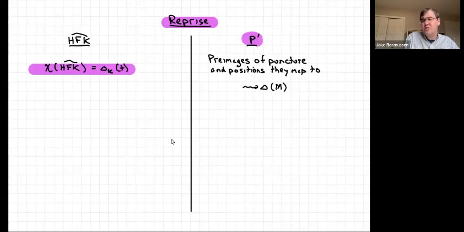Each of those pre-images comes with a sign, whether the map is orientation preserving or reversing near the puncture. And it comes with a translation, which is where they get mapped to under pi 2. If you add up those signs and those translations, they're exactly giving you the multivariable Alexander polynomial. So if we thought about the two-strand cable operator, that was a degree 2 cover, 2 pre-images of the puncture, 2 terms in the multivariable Alexander polynomial.